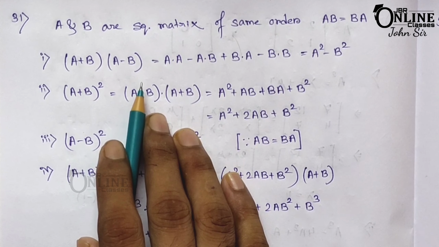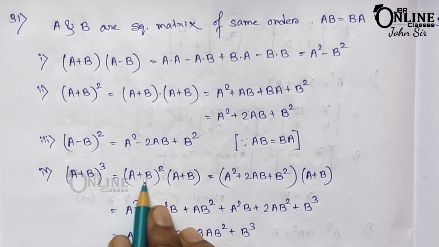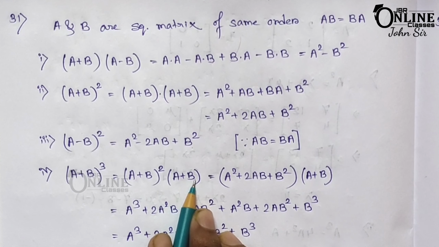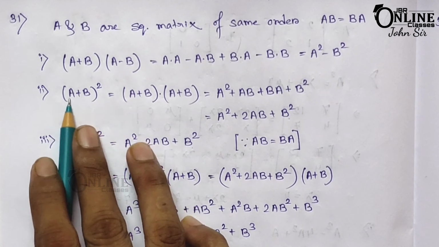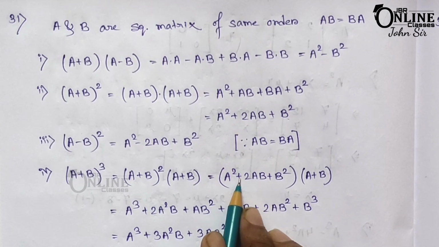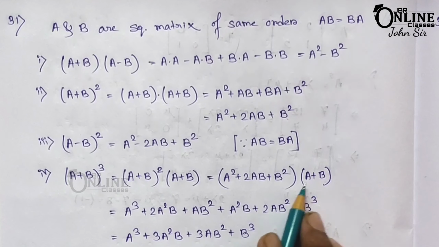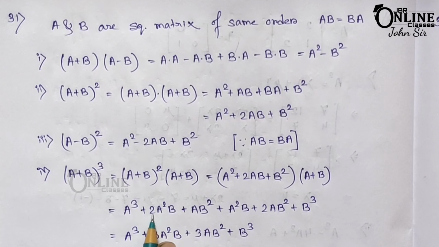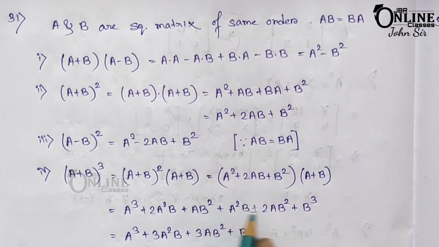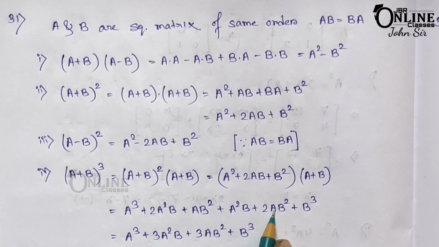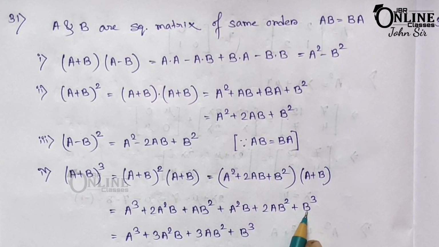Now the fourth one, (A + B)³. (A + B)³ means (A + B)² into (A + B). And from the second one, (A + B)² equals A² + 2AB + B², multiplied with (A + B). So just multiply: A³ + 2A²B + AB² + A²B + 2AB² + B³.